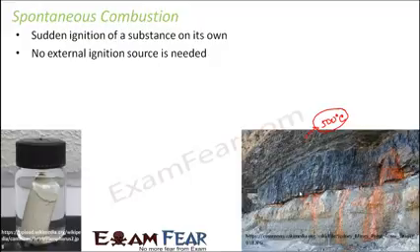When the temperature increases too much there, the coal catches fire, and that is an example of spontaneous combustion. So the most important difference between rapid and spontaneous combustion is that in rapid combustion, an external source is needed. In spontaneous combustion, the substance undergoes combustion on its own. No external source is needed.